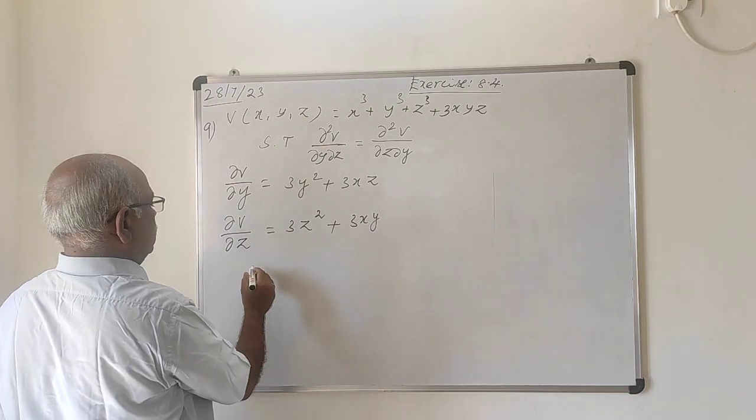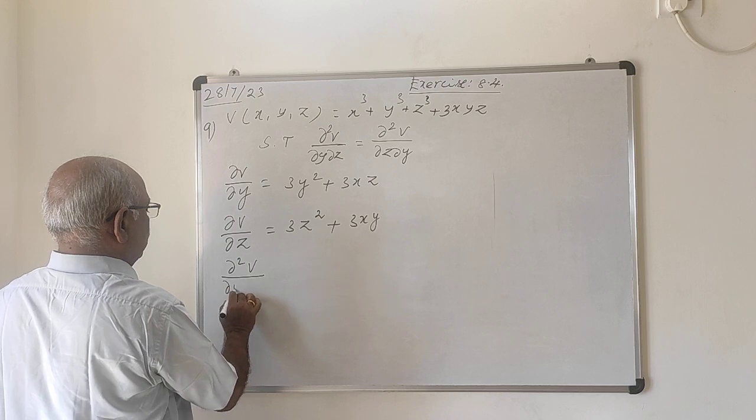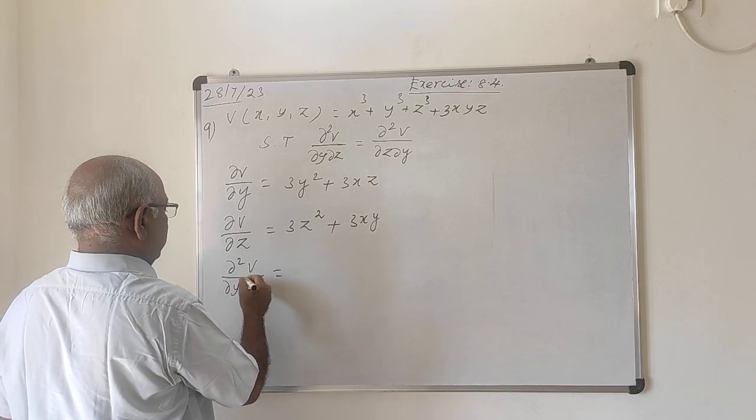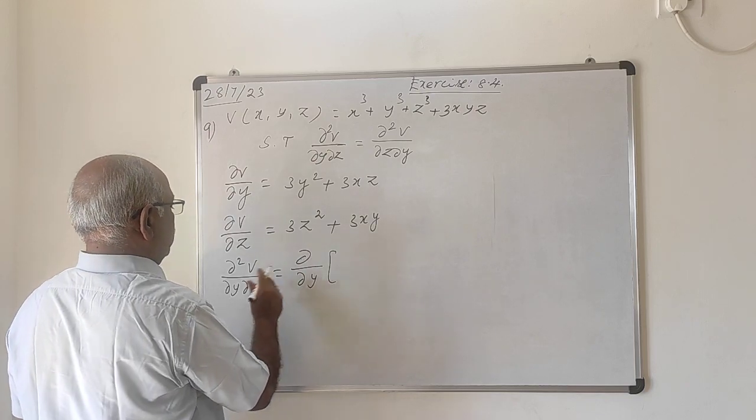Next, we have to find out dou square v by dou y dou z. This is nothing but dou by dou y of dou v by dou z.